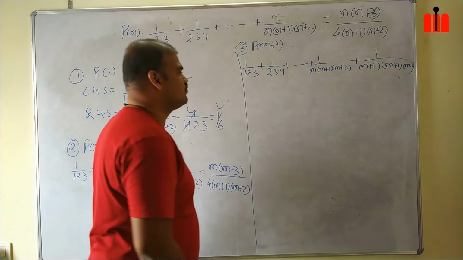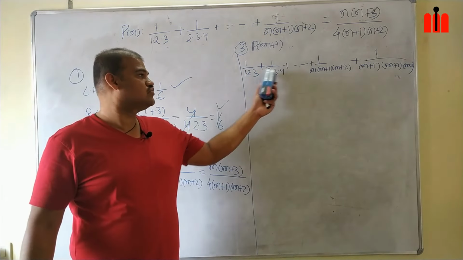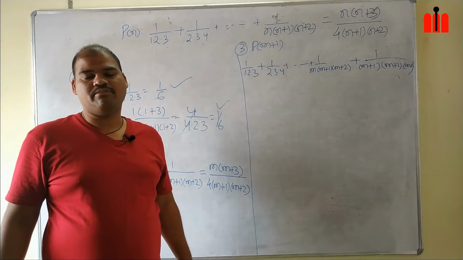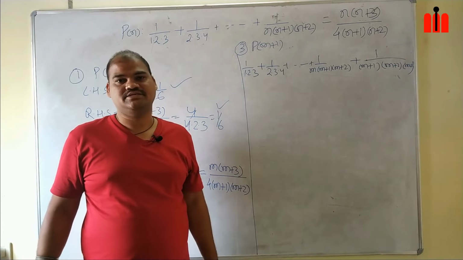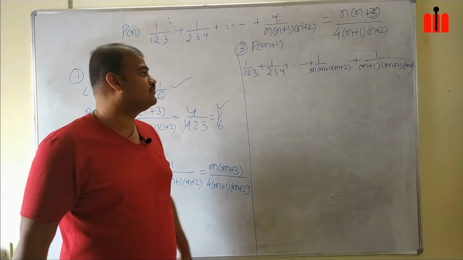I substituted n is equal to m plus 1 in the LHS, so I came up with this LHS. It has the first m terms and this is my m plus 1th term.